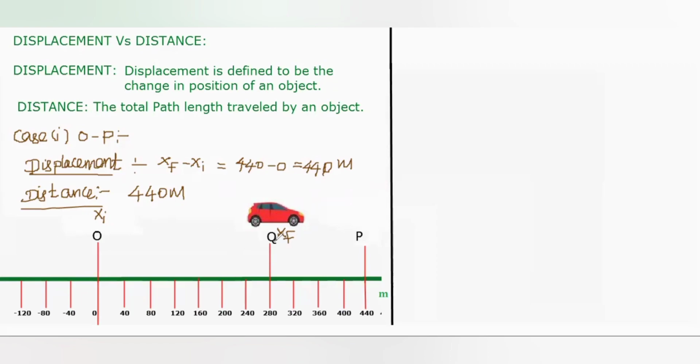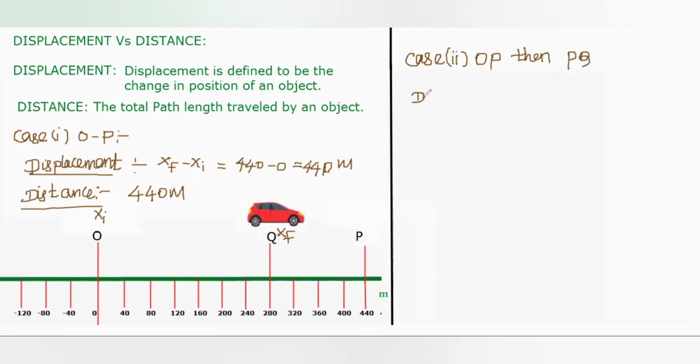But the final position is now Q. That will be the xf. So in this case, we are going to take case 2. The object is moving from origin O to the position P. Then from the position P to Q, in the negative x direction.